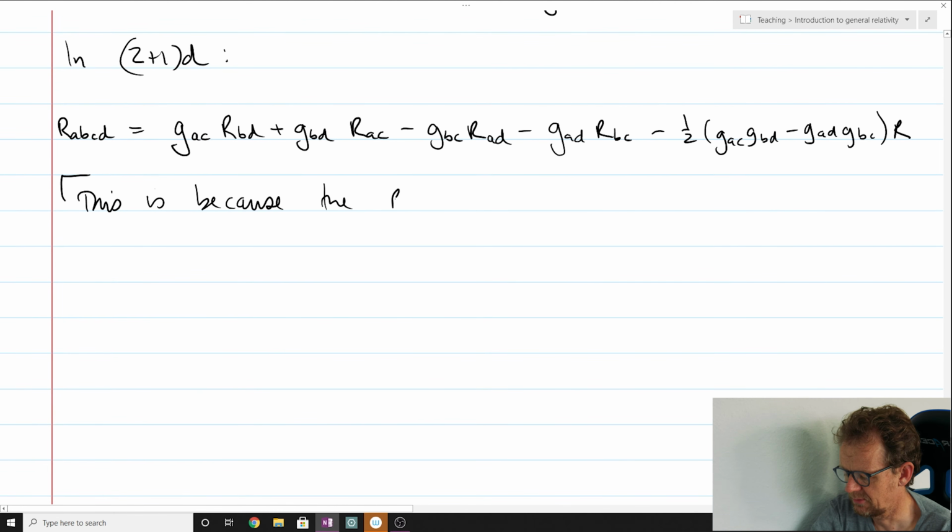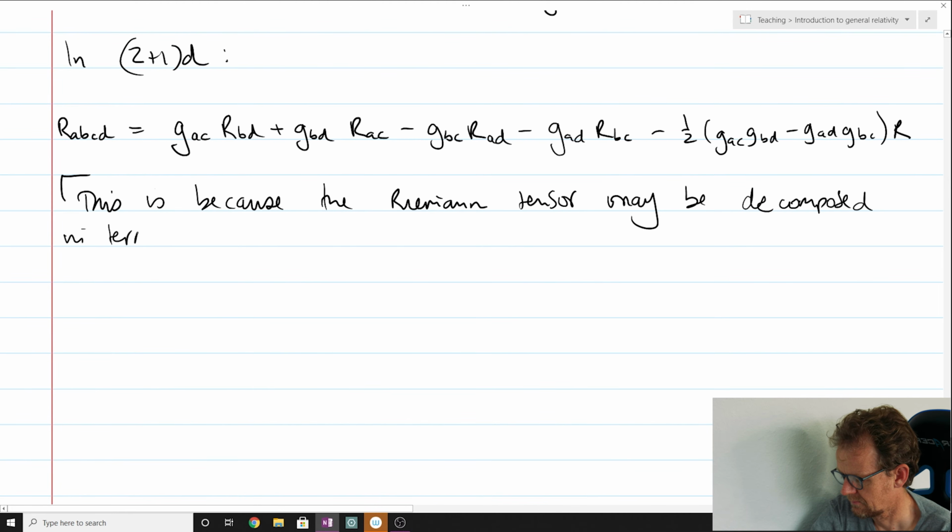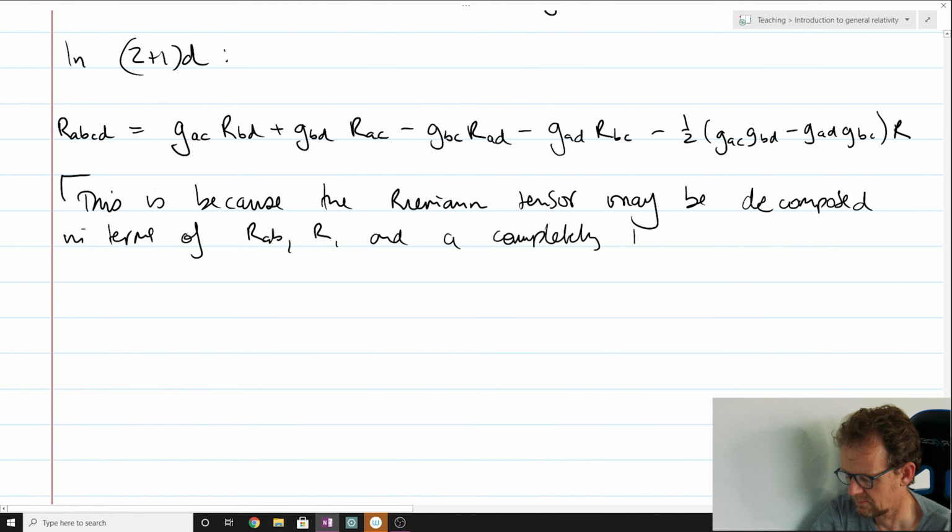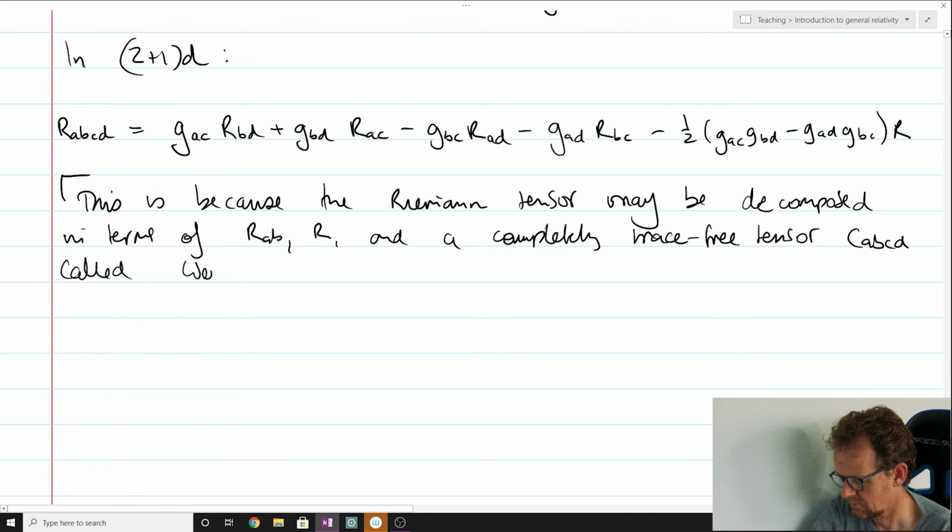This is because you can decompose the Riemann curvature tensor in terms of R_ab, R, and a completely trace-free tensor called the Weyl tensor.